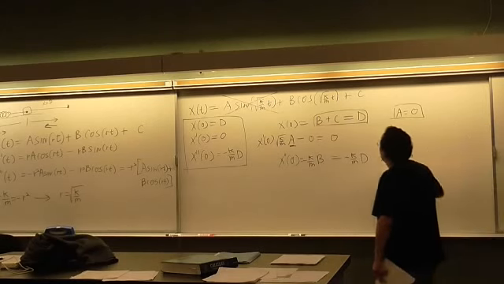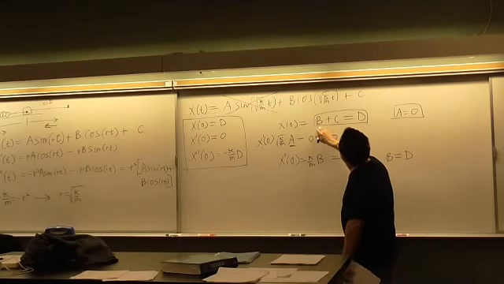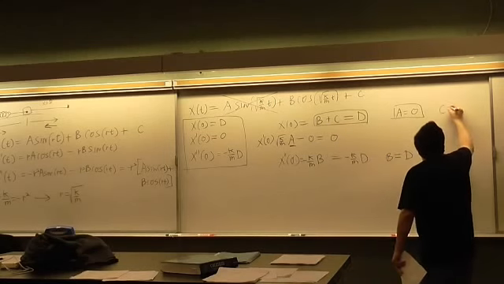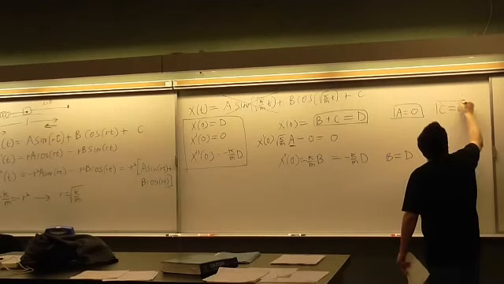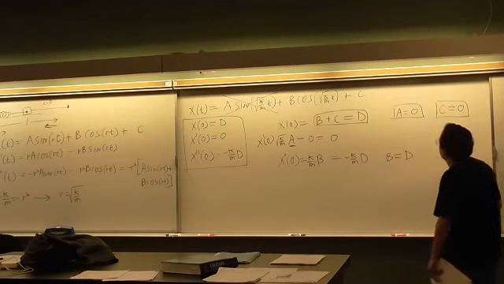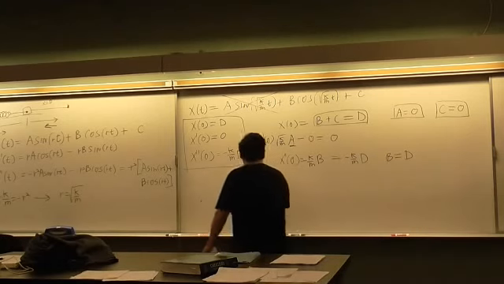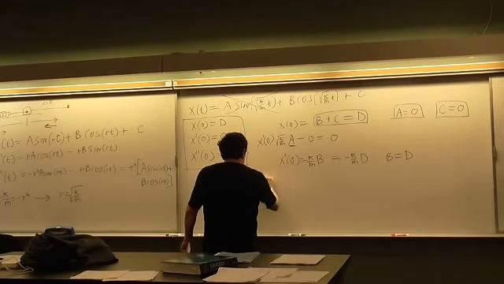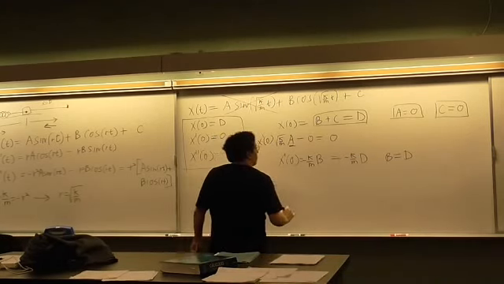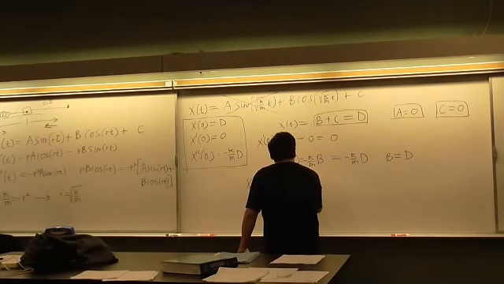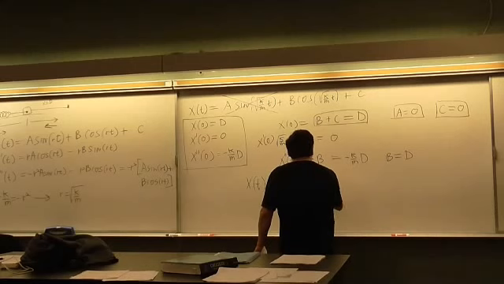If we plug b equals d in here, it says b plus c equals d. So now we also know that our arbitrary constant c is also 0. So finalizing this now, we have that x of t equals b, which is d, our initial offset, cosine of square root of k over m t.